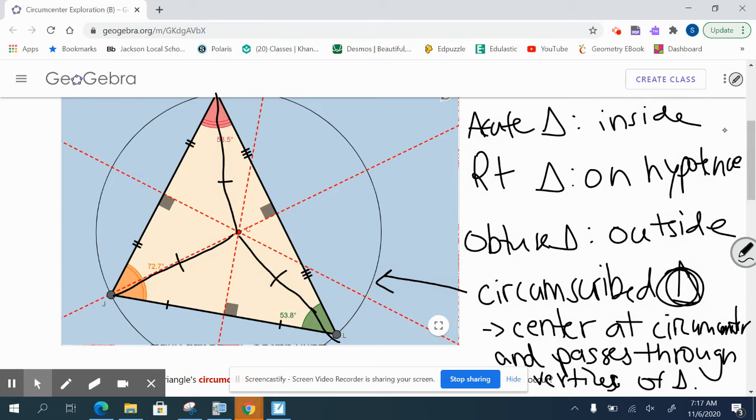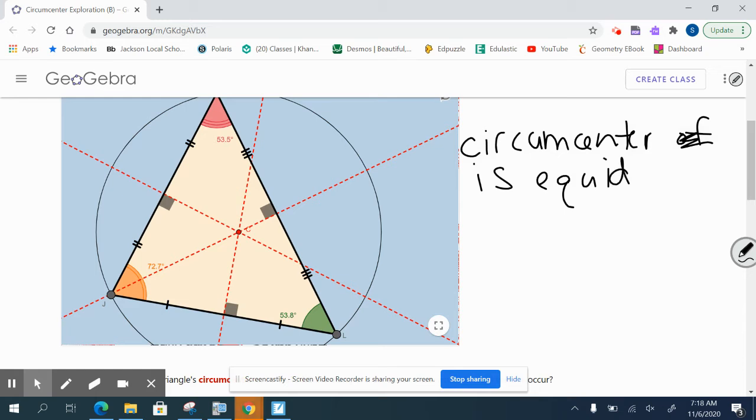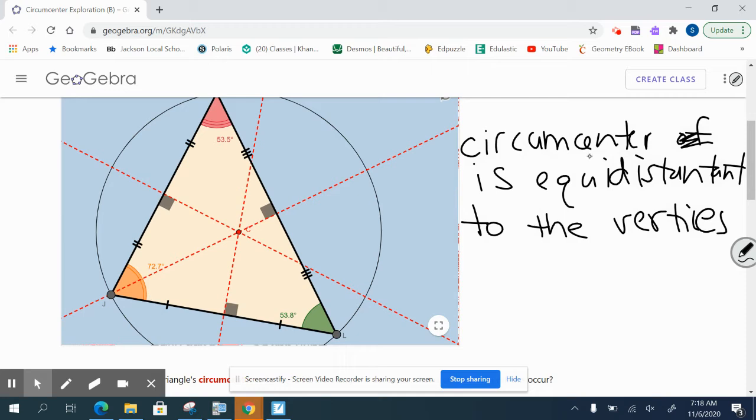But the thing to note here, and I'm going to clear this off so I can write some more, is that the circumcenter is equidistant to the vertices of the triangle.